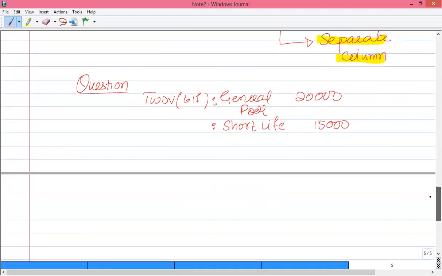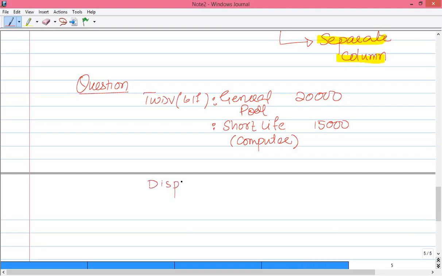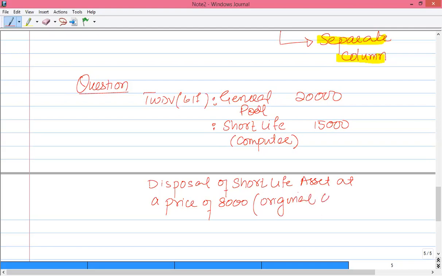Assume it's a computer. And assuming we have a disposal of that short life asset at a price of 8,000, and its original cost was, say, 50,000.